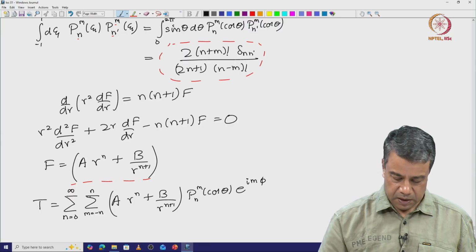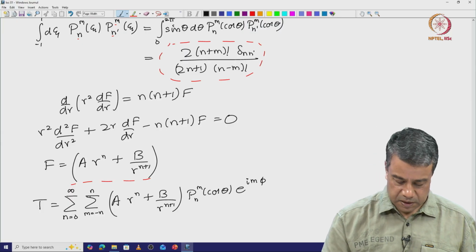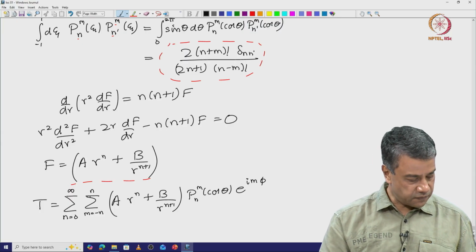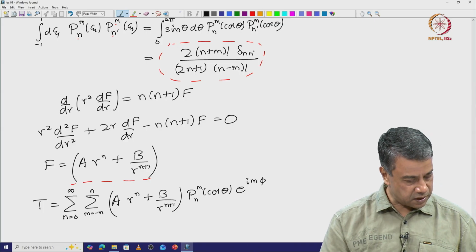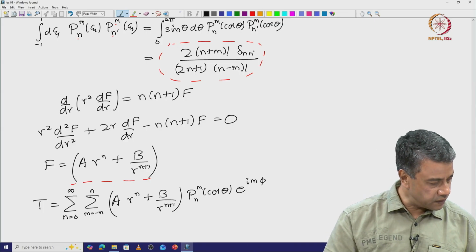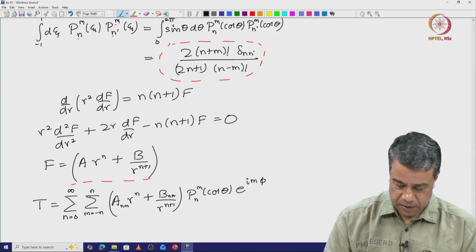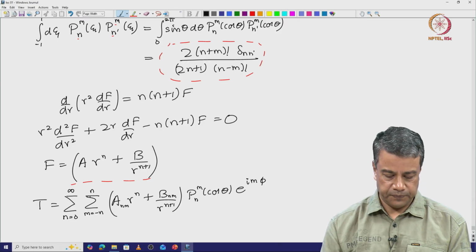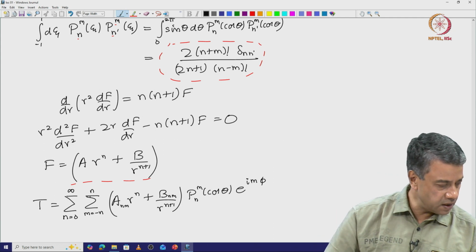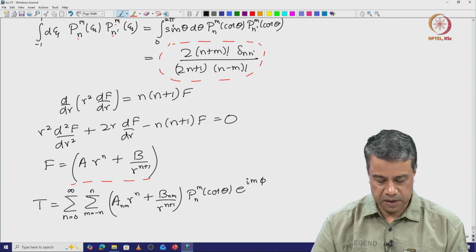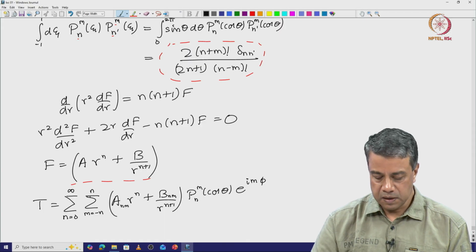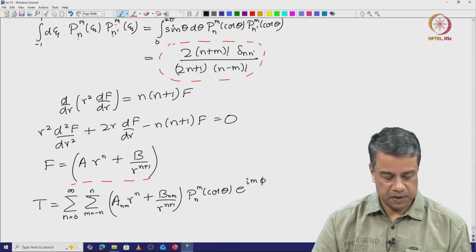These constants are functions of two indices, A n m and B n m. So, it is of the form A n m times r power n plus B n m by r power n plus 1, P n m of cos theta times e power i m phi.